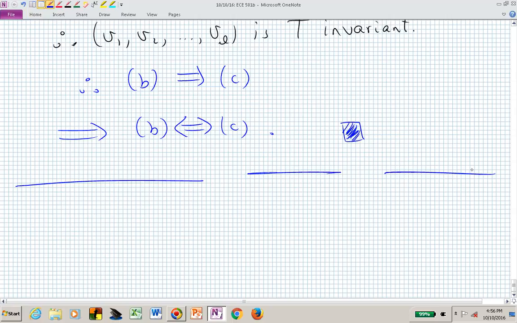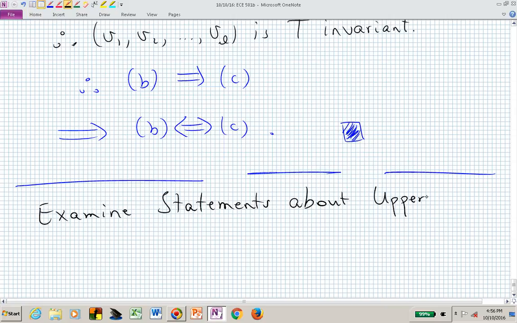Let's look at some more statements relative to these upper triangular matrices. And again, in this discussion, I will probably just start using UT to mean upper triangular.